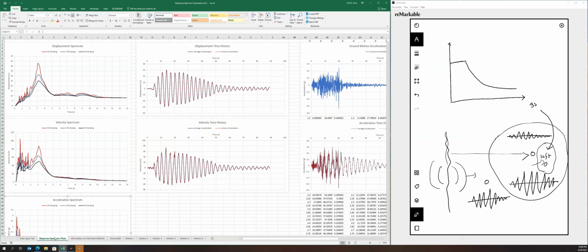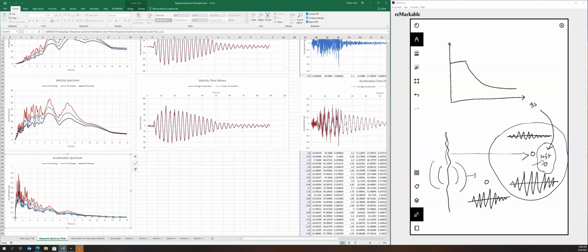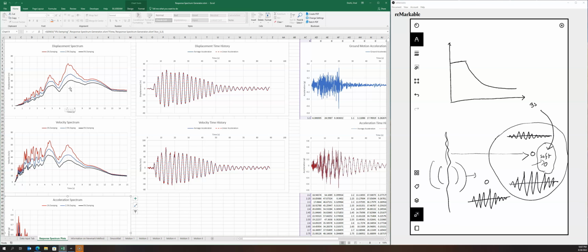So what you'll see now is towards the longer periods as well, there is relatively significant acceleration compared to the peaks over here. But what's even more interesting is look at the displacement demands on the system.